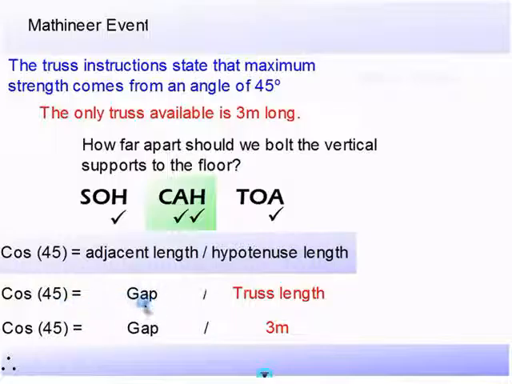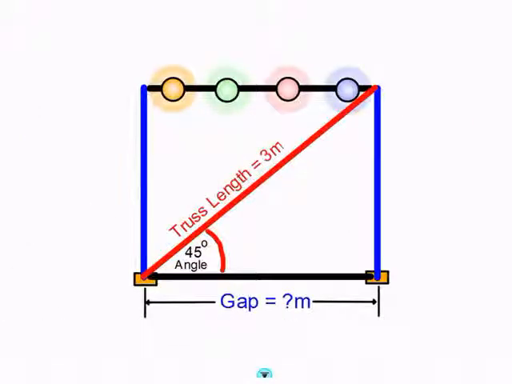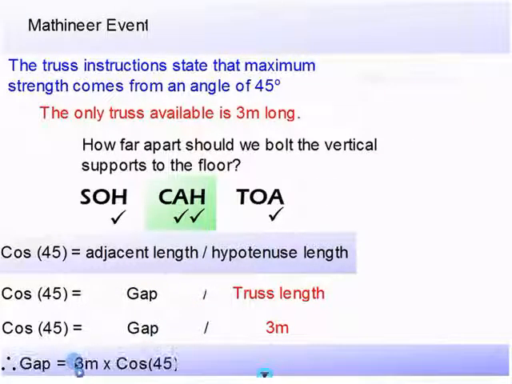So the adjacent length is the gap, and the hypotenuse length is the length of the truss. I'll just refresh your memory. So the cos of 45 equals this length, the adjacent, divided by 3 meters, the hypotenuse. So what we do is rearrange so that the adjacent is equal to the hypotenuse times the cos of 45.